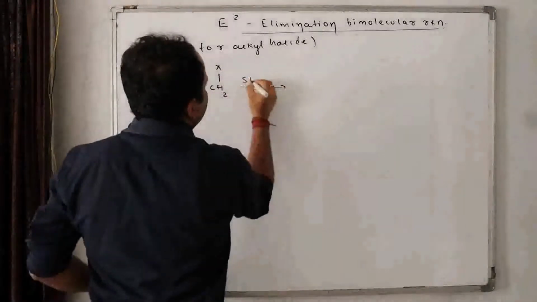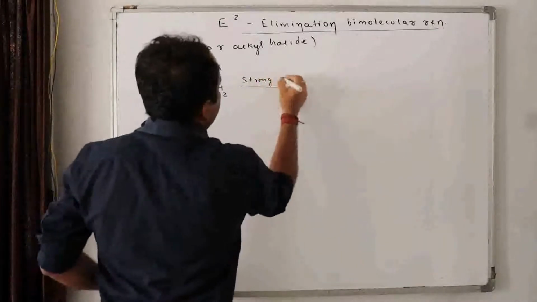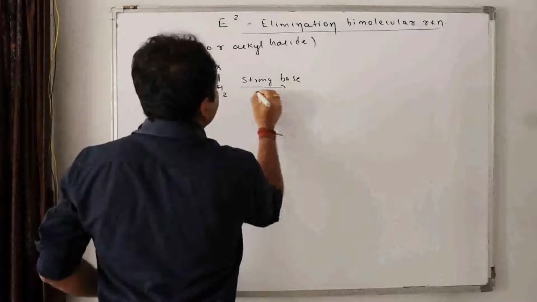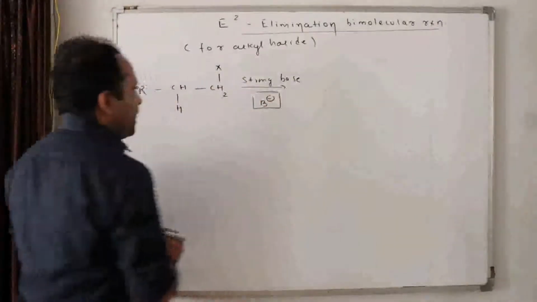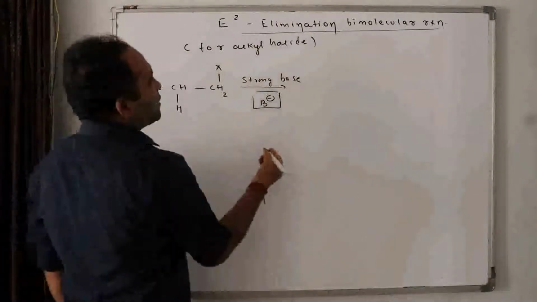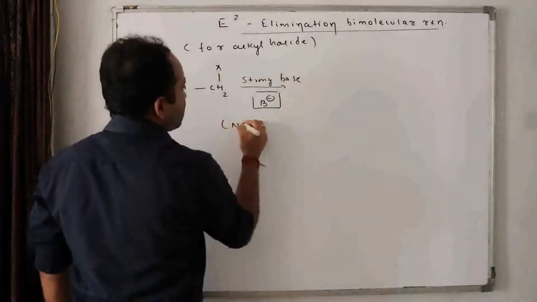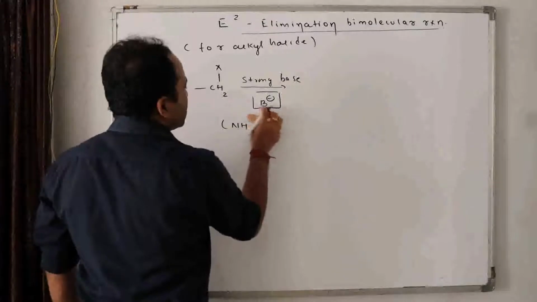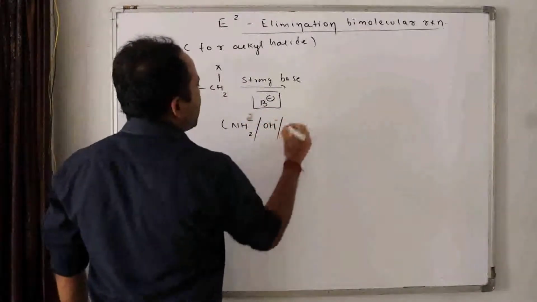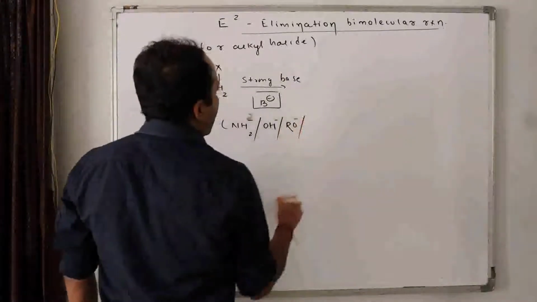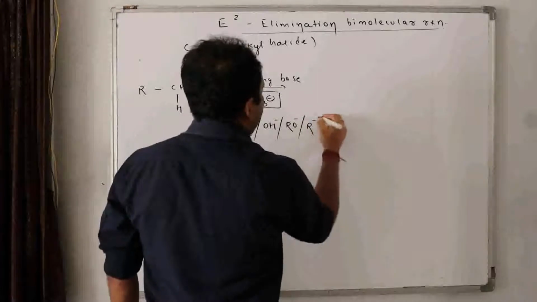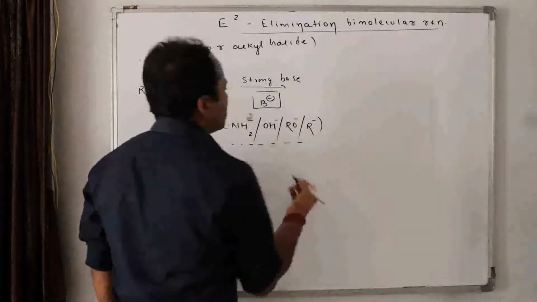If I take here a strong base, the strong base may be NH2 minus, maybe OH minus, maybe RO minus, maybe R minus. These are strong bases.